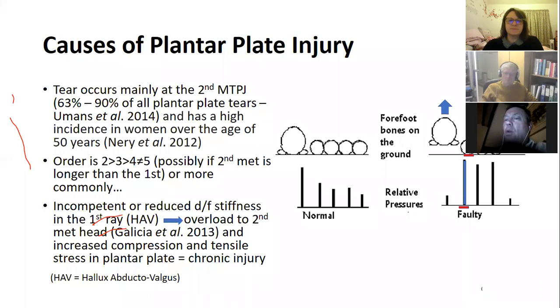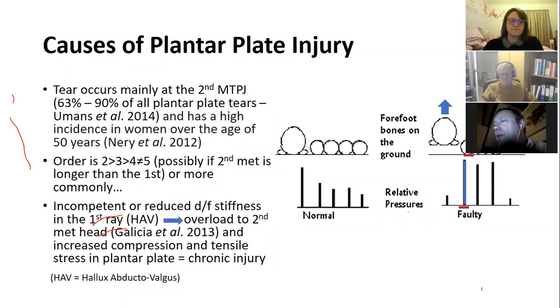Now, what is the biggest cause, one of the most common causes of pressure to the second metatarsal head and therefore to the plantar plate that causes it in the end to wear away and tear? Well, it's an incompetent first metatarsal or incompetent first ray. So look at the diagram, a normal one, when you're standing, all 5 mets are on the ground. And the first met bears the most pressure, as it should, being the thickest and the biggest.